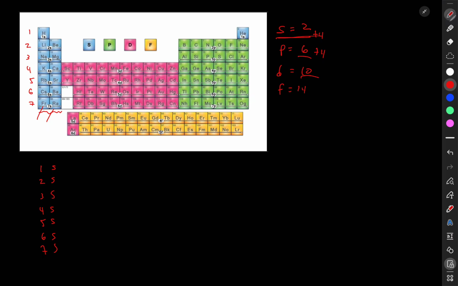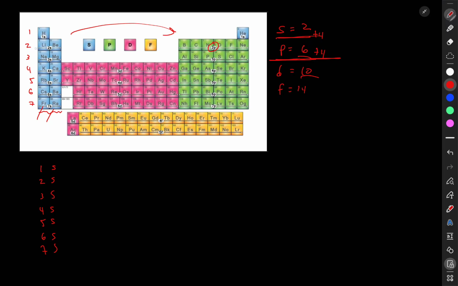Now the next one that I like to do was coming across to the P block, because this is the next one that's after the S, which is the P. But if you notice here, the P starts at 2P, and then goes out to 7. So how did I know that it started at 2?